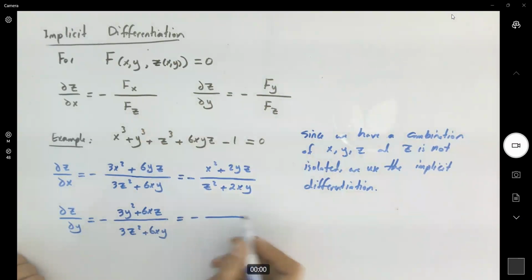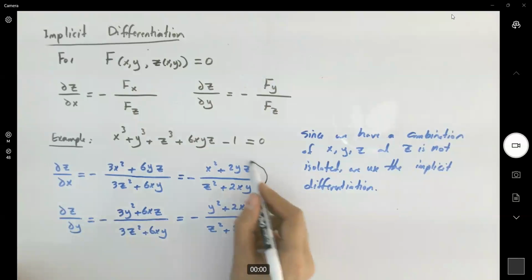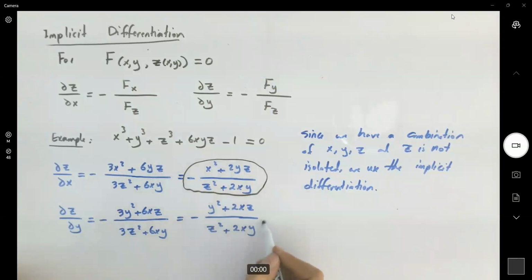Let us factor out 3: y squared plus 2xz divided by z squared plus 2xy. So we found the partial derivatives, the rate of change of z with respect to x and y.